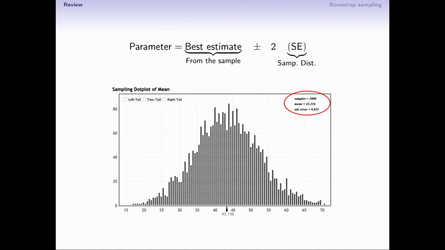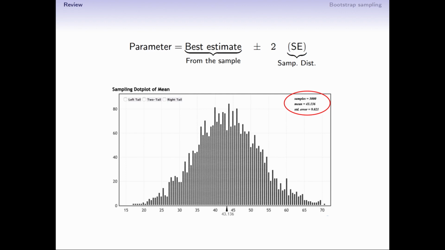Now, in order to get the value of SE, either it has to be given to us, or we have to build it up by continuing to resample from the population. This is what's called the sampling distribution. We've seen some examples of this where we're able to draw sample after sample after sample out of the population.